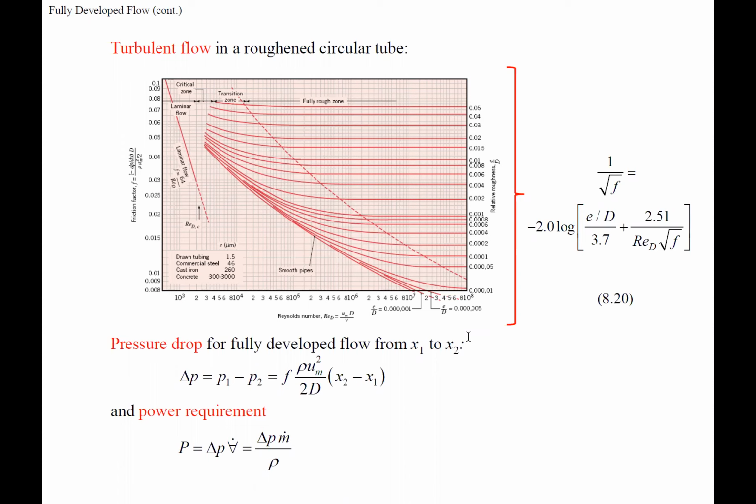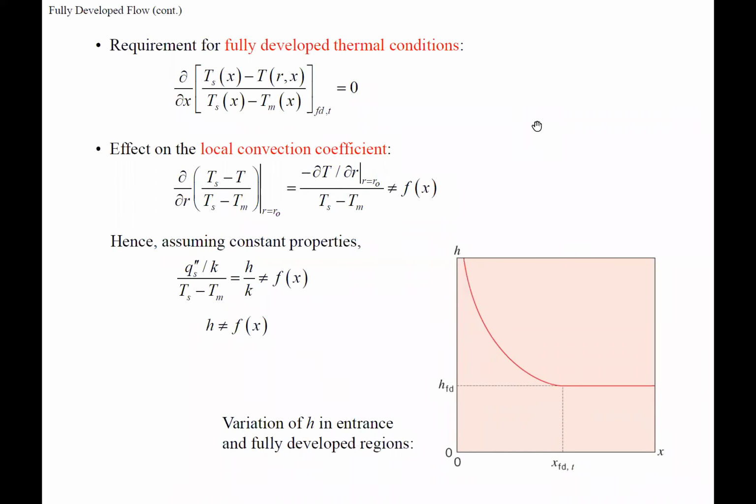So to overcome that pressure drop, what's the power requirement to push that fluid through? And then we looked at the non-dimensional temperature profile that defines when it's fully developed, and that's what you see at the top. We also talked about how the convection coefficient changes during the entry length, and then becomes constant after it's thermally fully developed.